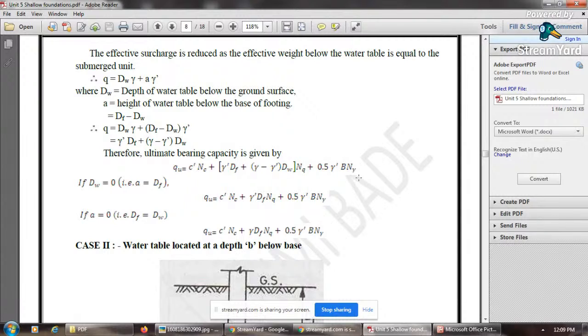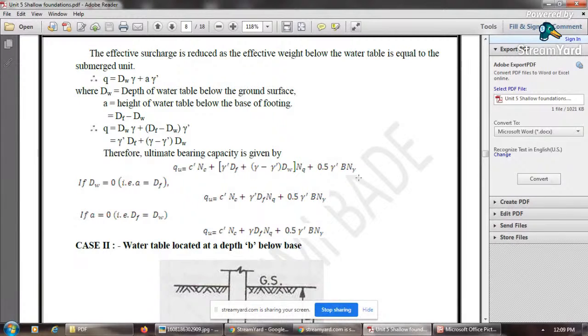Now here you have to see that the basic formula is c Nc plus gamma Df Nq plus 0.5 gamma B N gamma. Nc is for cohesion, Nq is for surcharge, and N gamma is for unit weight. N is the bearing capacity factor given by Terzaghi.